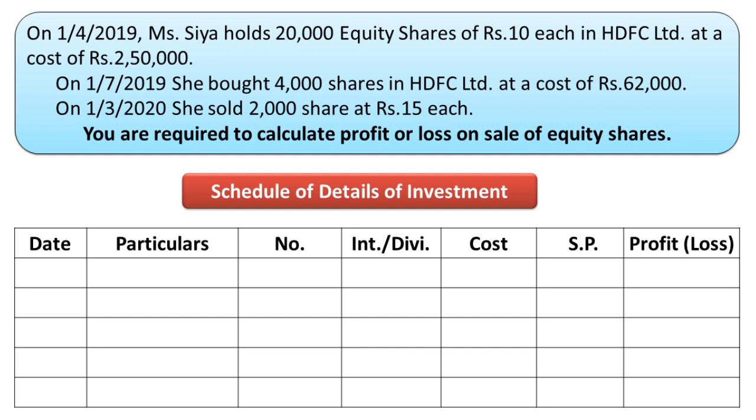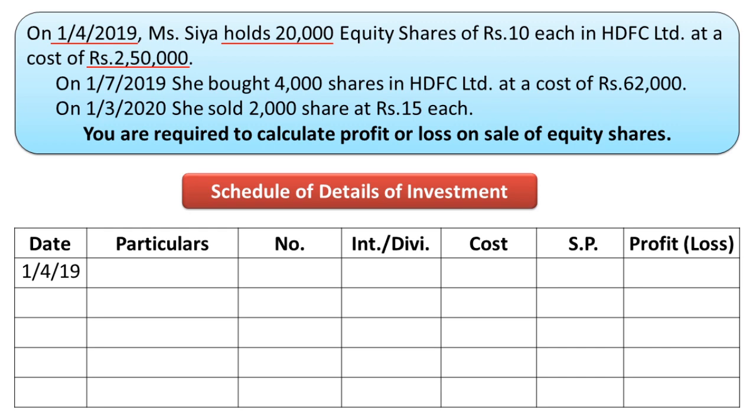Now let us start with a chronological order. On 1st April 2019, Sia holds 20,000 equity shares and the total cost is rupees 2,50,000. We'll record as it is in the schedule we have designed. In the column of date, we will write the date, that is 1st April 2019.